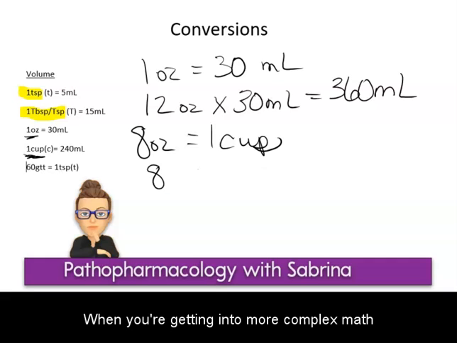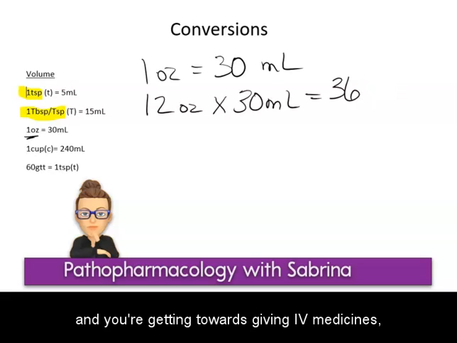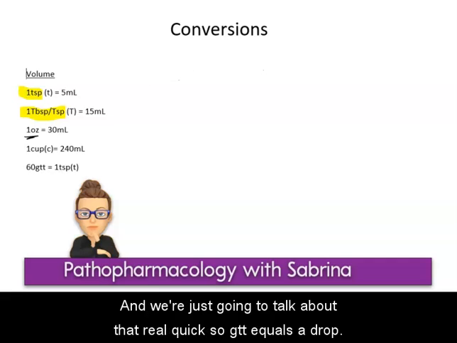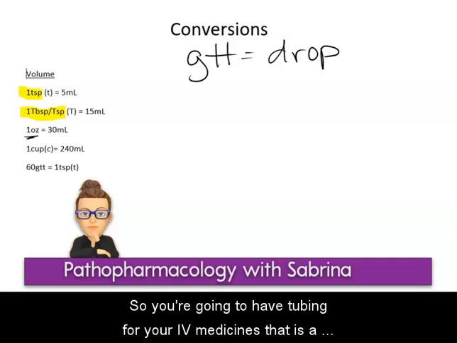When you're getting into more complex math and you're getting towards giving IV medicines, you're going to have what's called a drop factor. And we're just going to talk about that real quick. GTT equals a drop. So you're going to have tubing for your IV medicines that is a certain number of GTTs per milliliter.